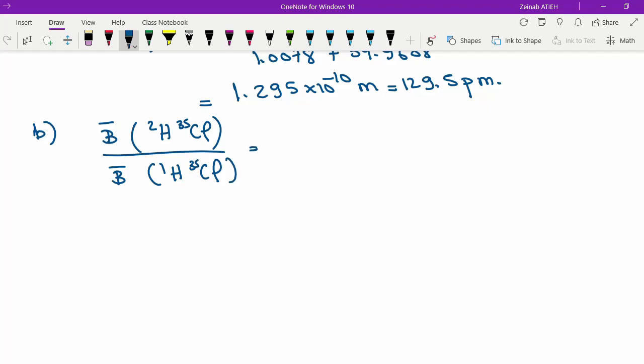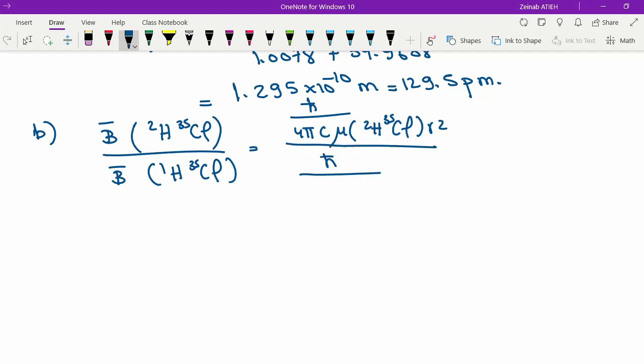So this is equal to h bar over 4 pi c times mu for H2Cl35 multiplied by R square, all of it over h bar over 4 pi c times mu for H1Cl35 multiplied by R square.